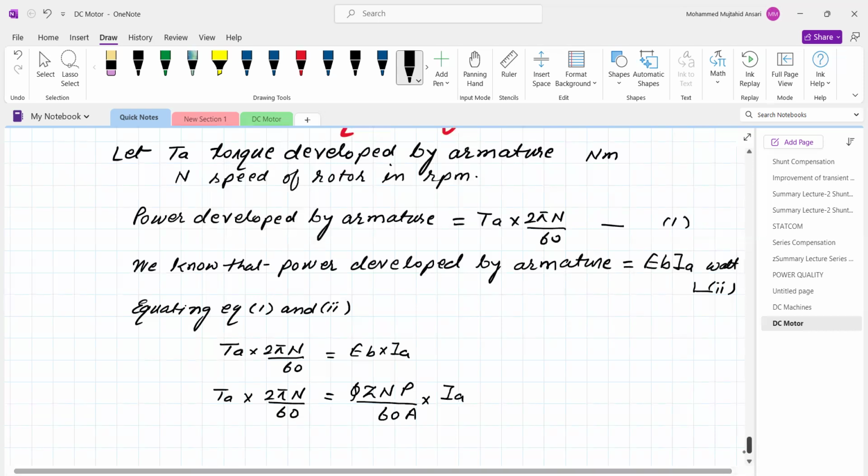By equating these two values, 60 gets cancelled. Speed also gets cancelled.